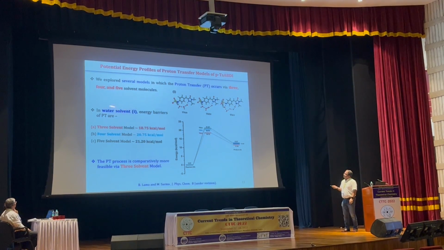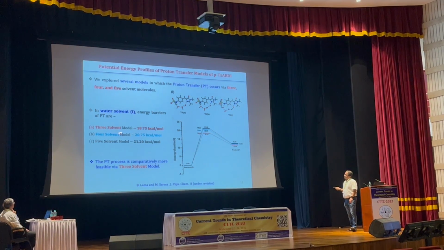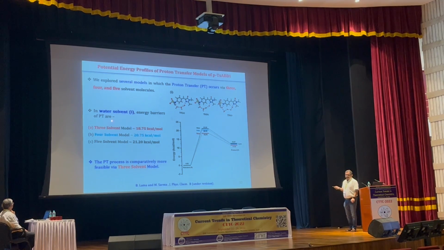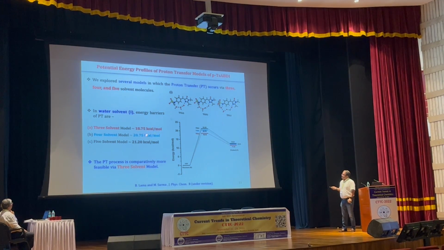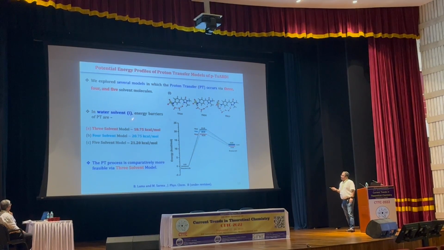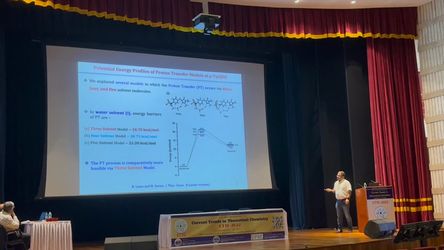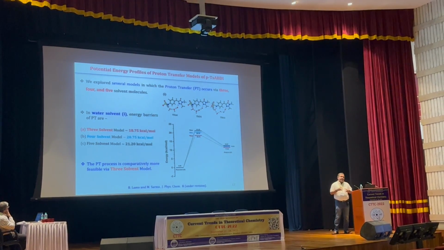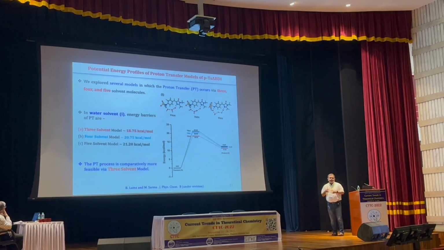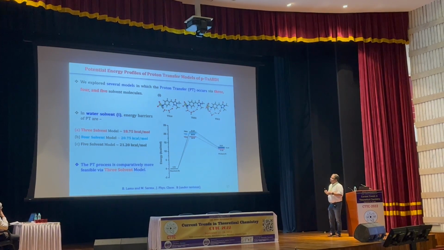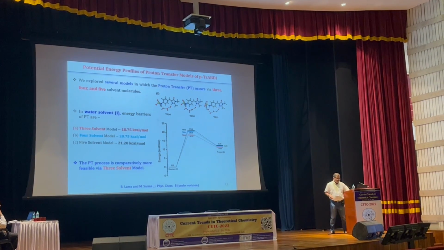If we consider the water case, we have seen that for the 3 solvent model, the energy barrier is the lowest among the other 2. So we can say that for this kind of system, 3 solvent molecules may be the right choice.